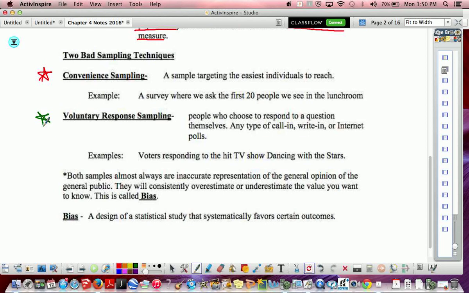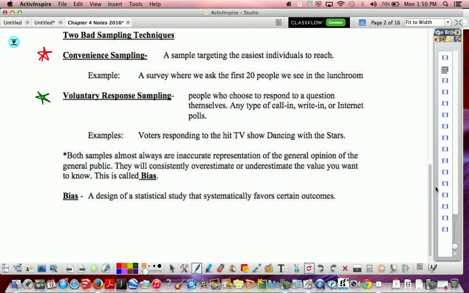That's kind of biased because people are going to vote for not necessarily the dance quality, but for the person that they might like the most. Plus you have to actually call in. And you won't get necessarily the person who might be doing the best, but who's getting the most votes, who's the most popular.